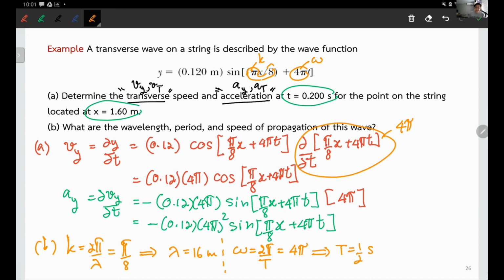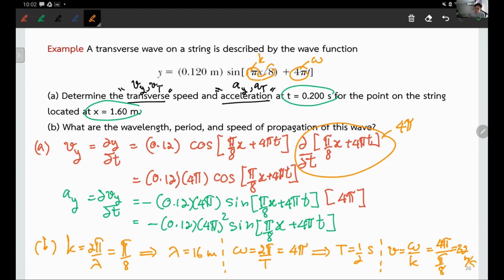Nice. And what is the speed of propagation? I can do a shortcut if you like: omega over k right away. Or you can do lambda over period, or flip into frequency if you like, up to you. Everything is already known. The omega is 4 pi, the k is pi over 8. So the answer is 32 meters per second.